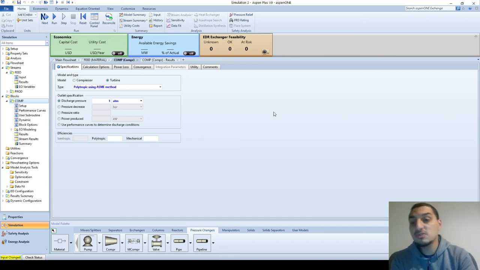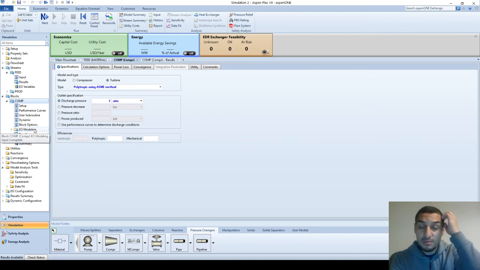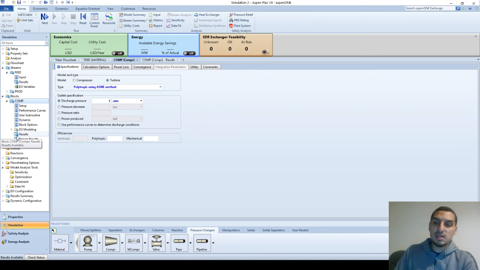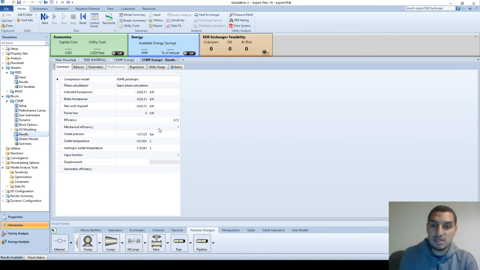I am reducing the pressure, and I'm starting at 25 degrees Celsius. So I should expect the opposite of what happened in the previous case. Instead of increasing the temperature, I would decrease the temperature, and this is what we'll see in these results. I have the outlet pressure of 1 atmosphere, and the outlet temperature is negative, almost 154 degrees Celsius.